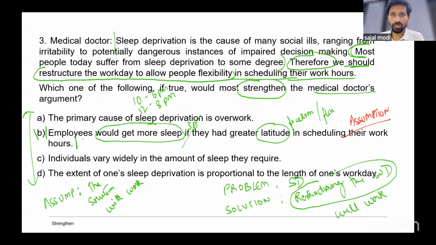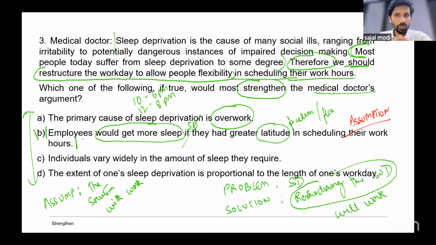This is the solution. If somebody turns around and says the primary cause of sleep deprivation is overwork, will the solution now work? The author's solution is to change the slot. But if the reason is overwork, then changing the slot will not work. In fact, the solution will not work. Option A will weaken the author's conclusion, the author's argument.